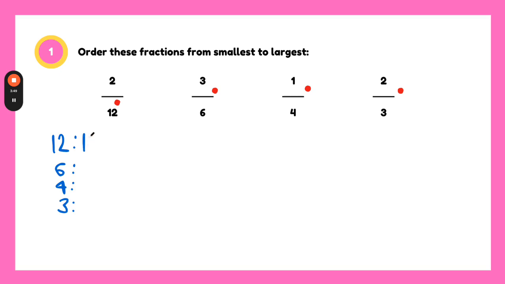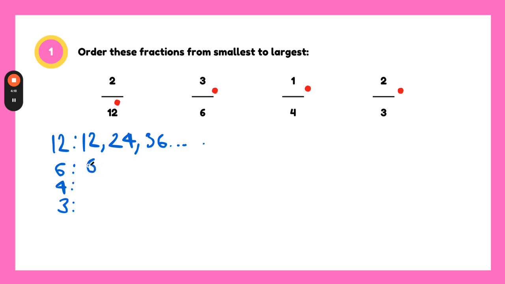So this is the 12 times table, 6 times table, 4 times table, and the 3 times table. For 12 we have 12, 24, and 36, and obviously there's more numbers, but let's just list the first 3 multiples of each number to see if we can find any common multiples.